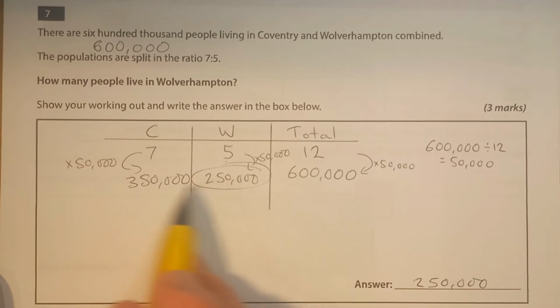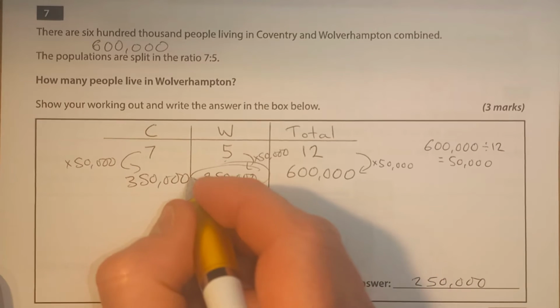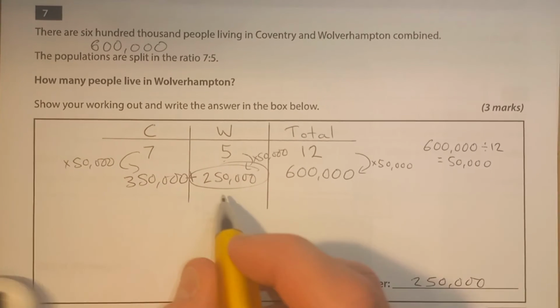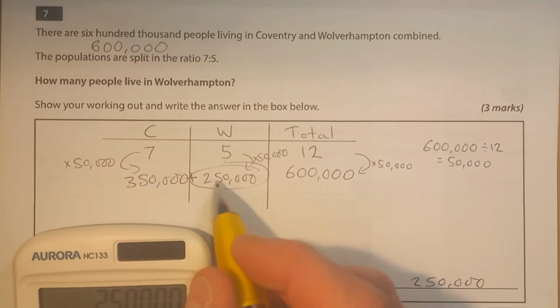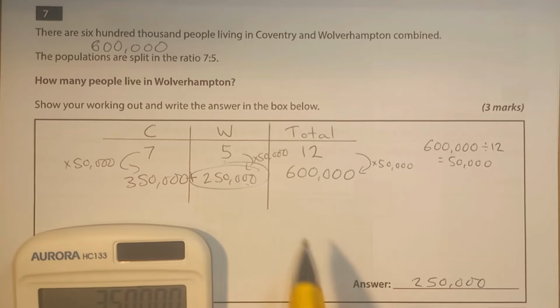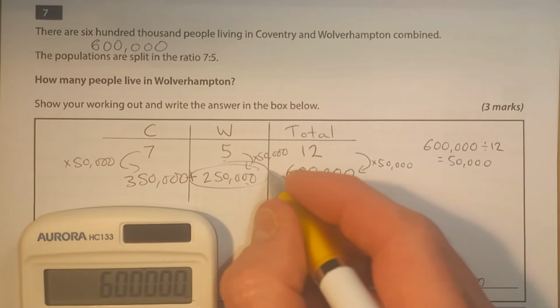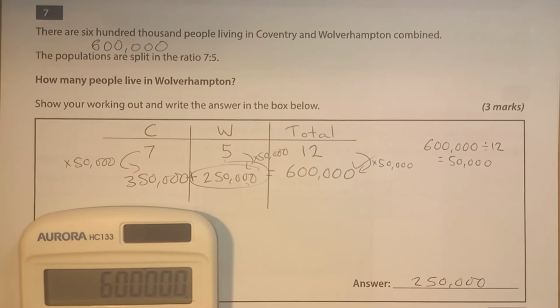But I like to work out all of the numbers on the new row, because you can do a check then as well. If we've got 250,000 plus 350,000, that should give us this answer here, which it does. So we know that we've done it correctly.